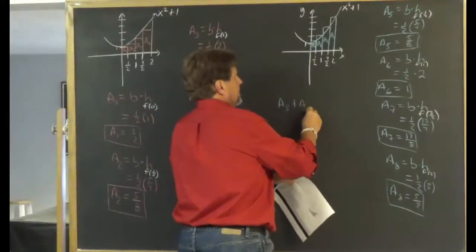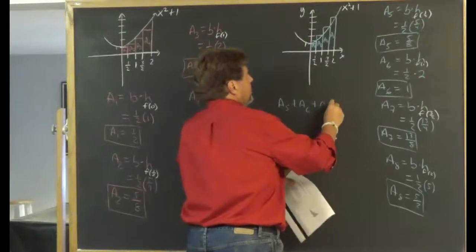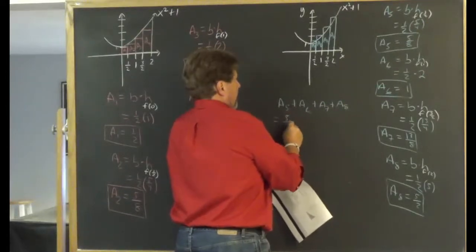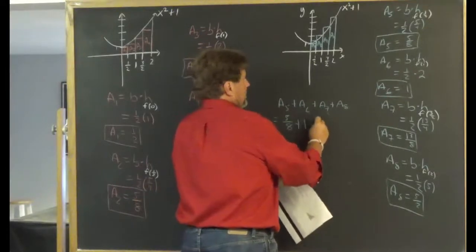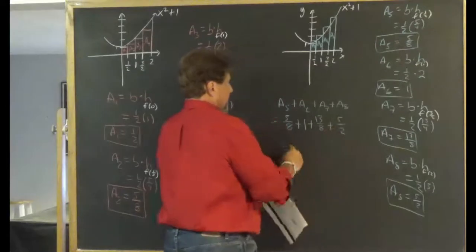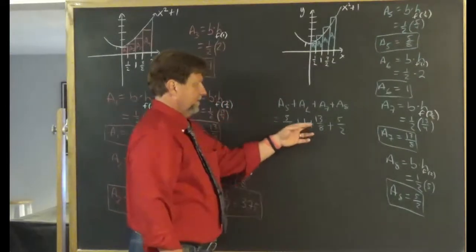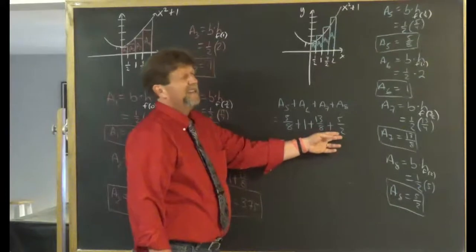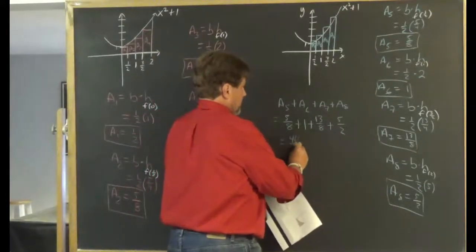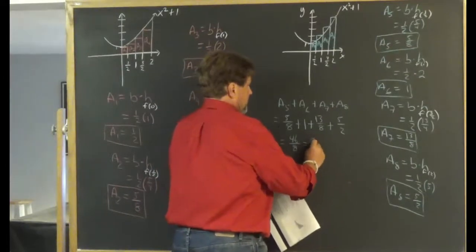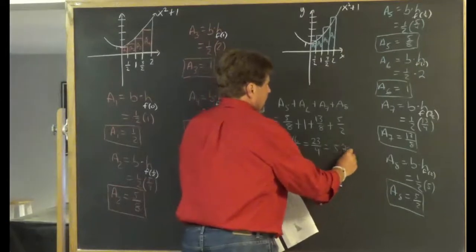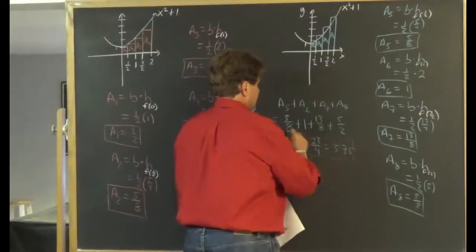A5 plus A6 plus A7 plus A8. Let's see, we get 5/8 plus 1 plus 13/8 plus 5/2. And let's see, that's 13, 26. Like 46/8, which reduces to 23/4, which is, decimally speaking, 5.75.